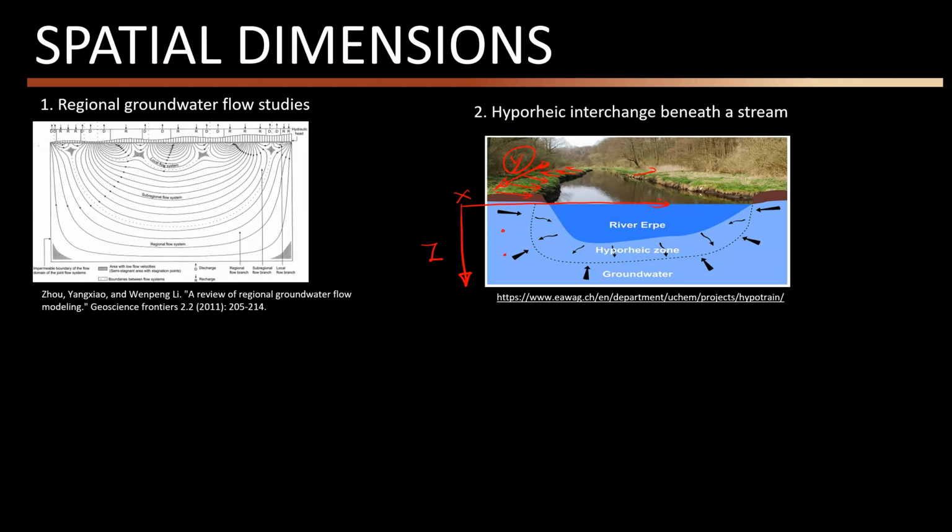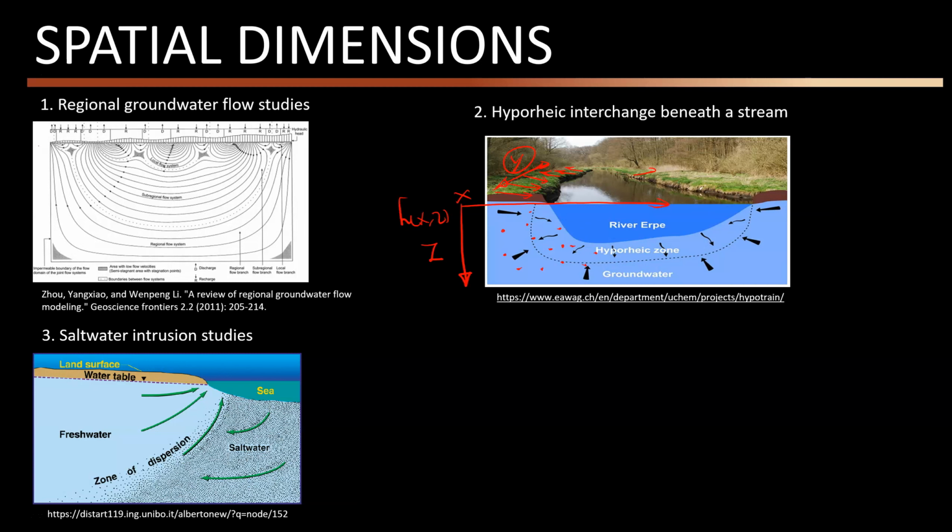Okay, so technically I can find how the head is distributed spatially and temporally in the x and z direction. So this is another case where we want to do a 2D profile for groundwater modeling.